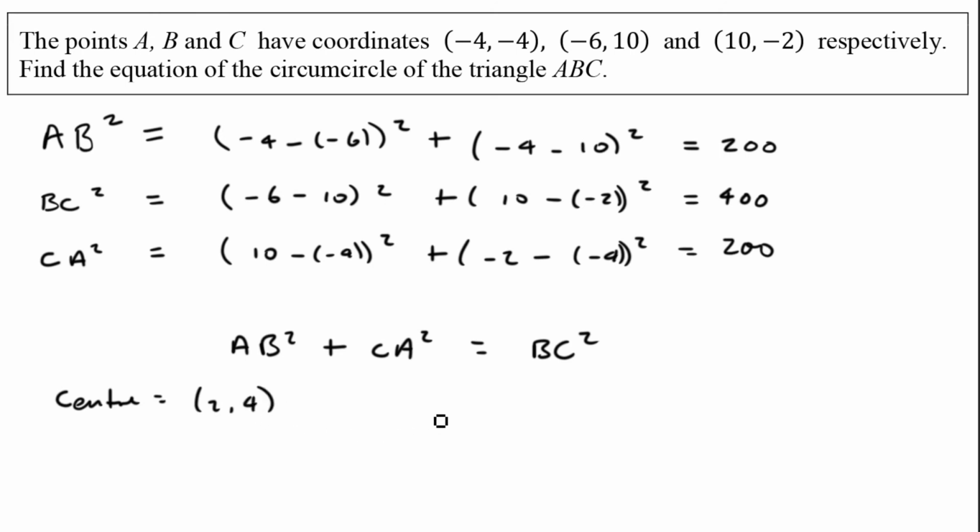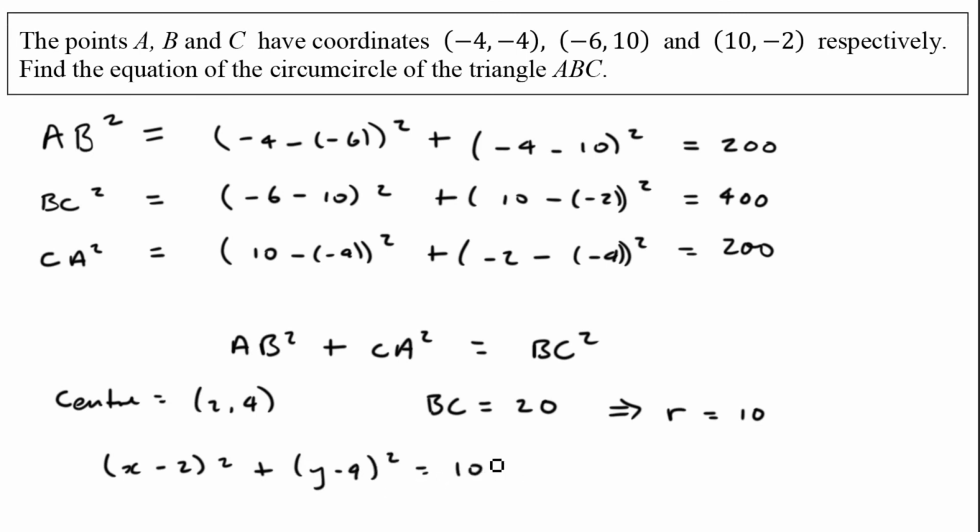We know that the hypotenuse BC has a length squared which is 400. That means that the length BC itself, being the square root of 400, is 20, and that means that the radius of the circle, being half of that length of the diameter, is 10. So we can write down the equation of the circle as x subtract 2 squared plus y subtract 4 squared is 10 squared.